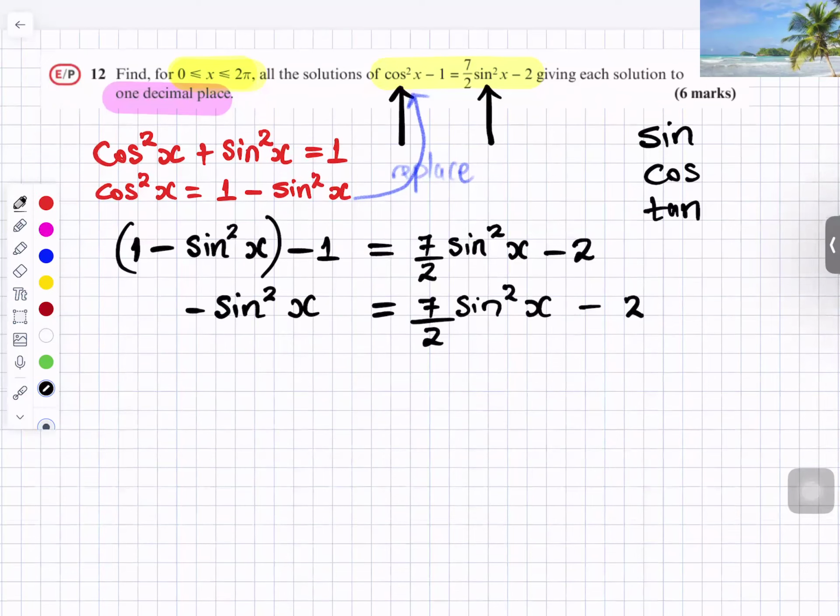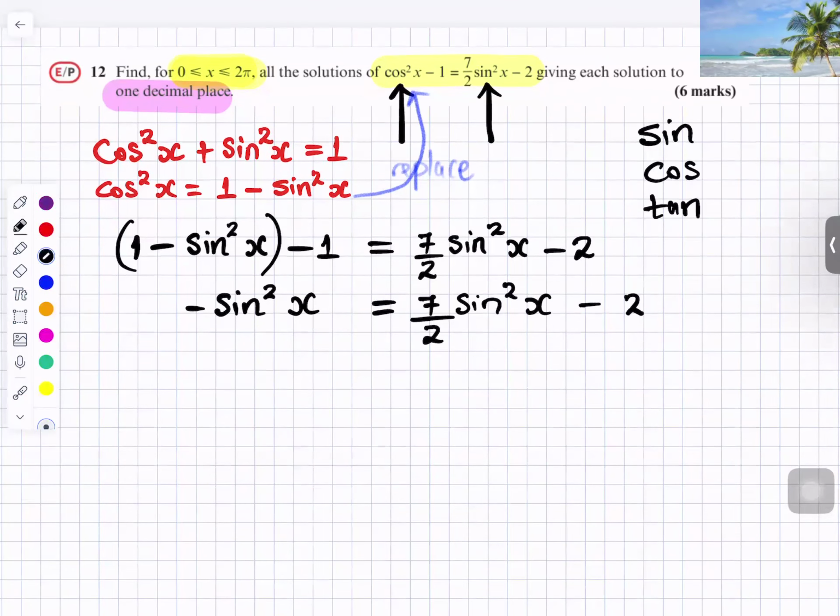We want to put the sine squared together. We'll take this to the left-hand side, or you can take this sine squared to the right and take the 2 to the left.